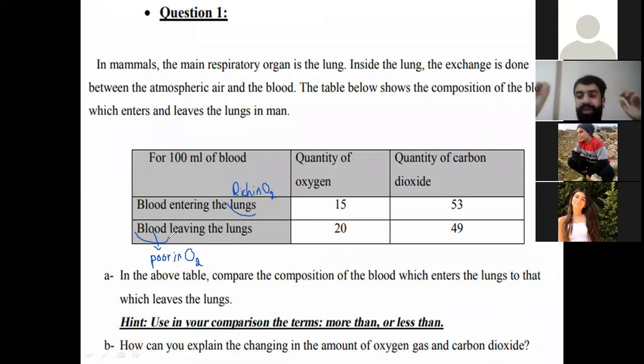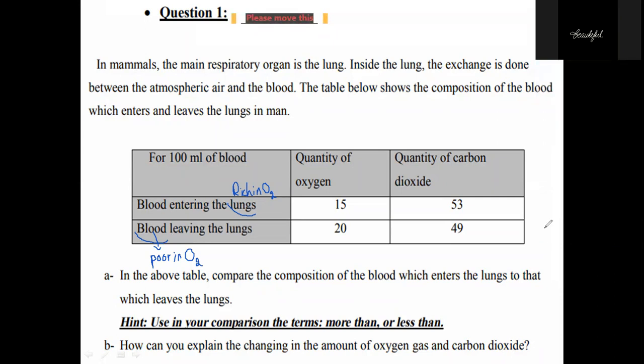Remember the definition that Huda said before for diffusion. Diffusion is the movement of the particles of a substance from a medium of high concentration, high amount, to a medium of low concentration, low amount. So what do you think, Hassan? From where to where did the oxygen diffuse?